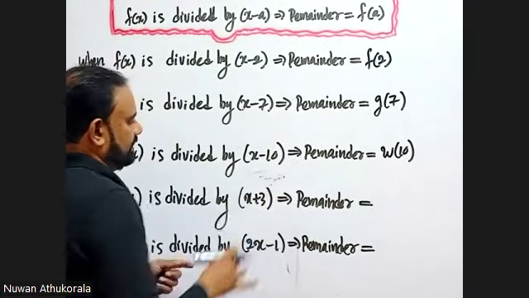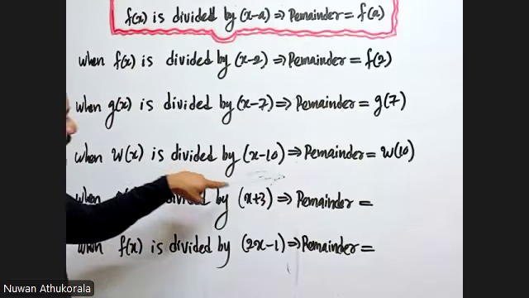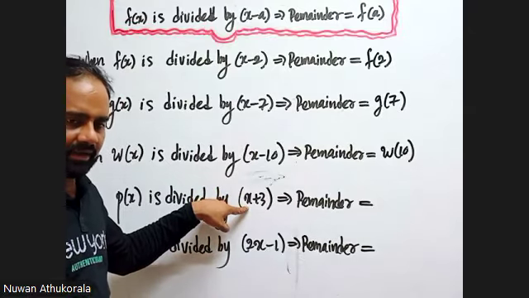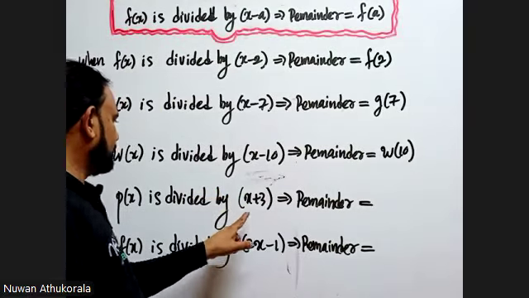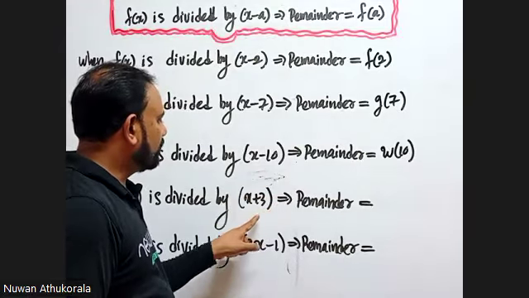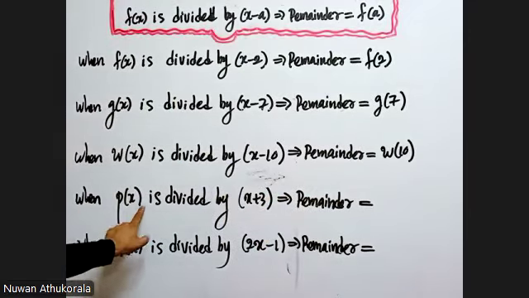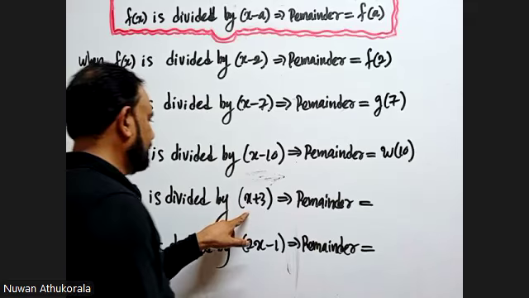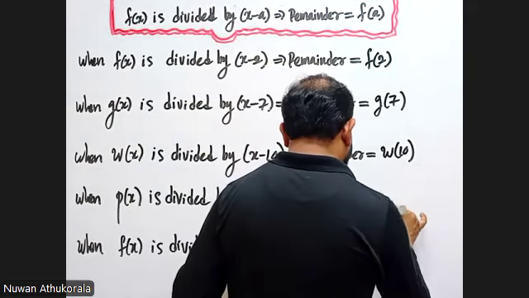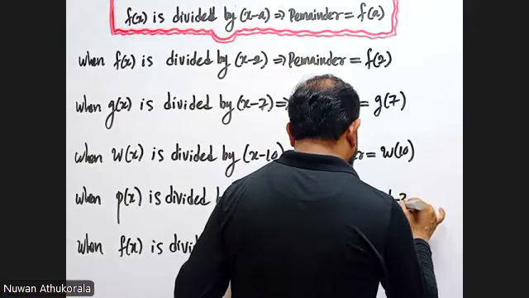So, we have to substitute x equal minus 3 to convert this divisor into 0. When p(x) is divided by x plus 3, the remainder is p(minus 3).